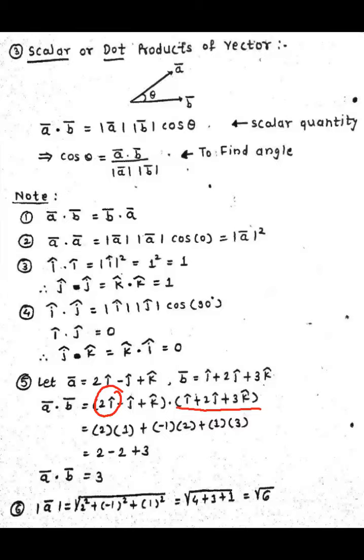So students, remember, I cap dot I cap is always 1, and if we take the dot product of this I cap with this j cap, then I dot j gives 0. Similarly, if we take 2 I cap with this 3 k cap, that is I dot k, then the answer is also 0. So students, the dot product is only nonzero with the same vector, that is I dot I, j dot j and k dot k.